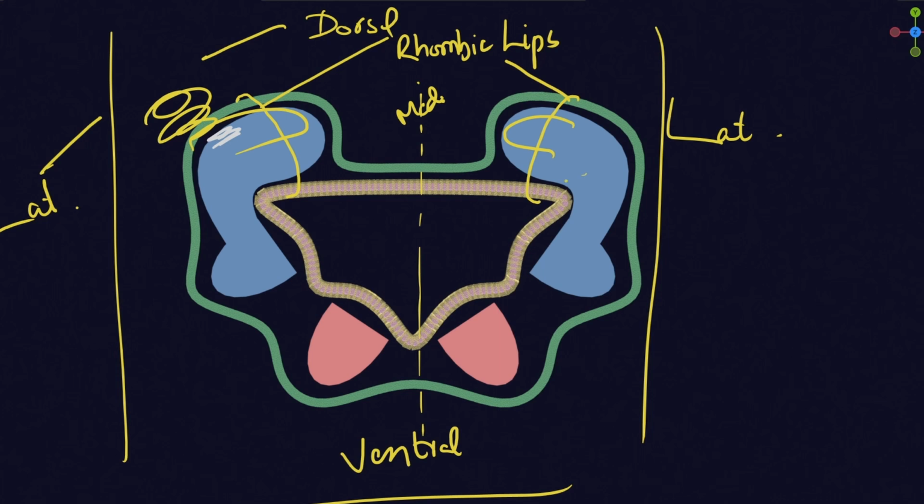And also please note that the rhombic lips are not just formed by the thickened dorsolateral parts of the alar plates, but they also include this part of ependymal layer as well as this part of the pia mater which is surrounding it.